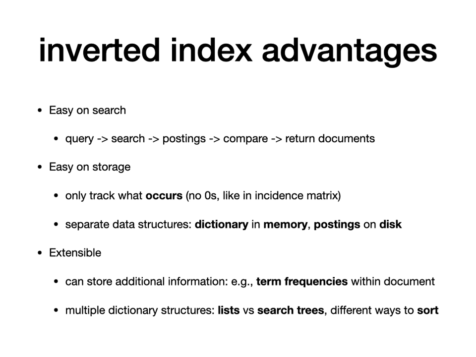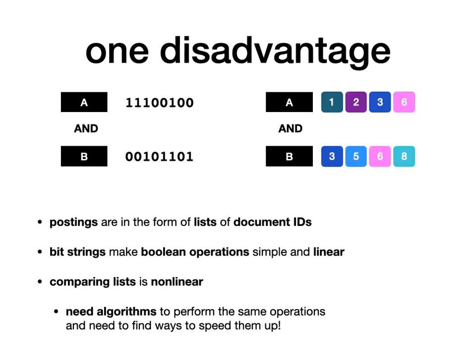Now, the last tidbit though, when it does come time to process a query of, hey, I need documents that contain this word and this word, there is one fairly large disadvantage of doing this with postings as opposed to those nice incidence matrix rows.